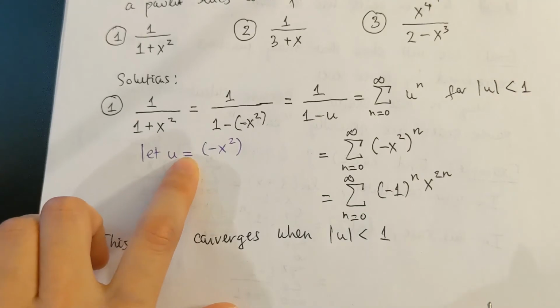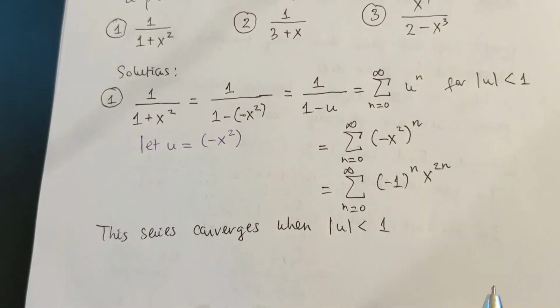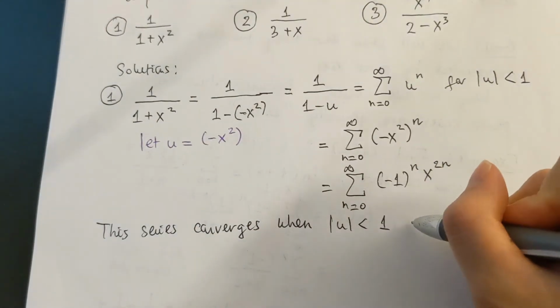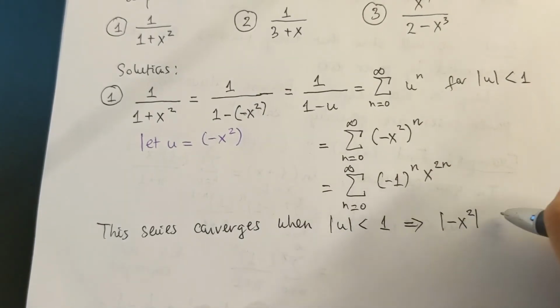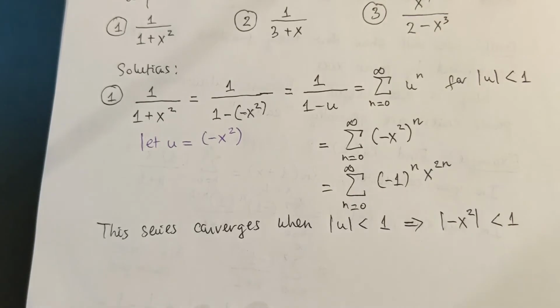And what is u? u is minus x squared, so we're going to put that in here. Minus 1 in the absolute value is just 1.